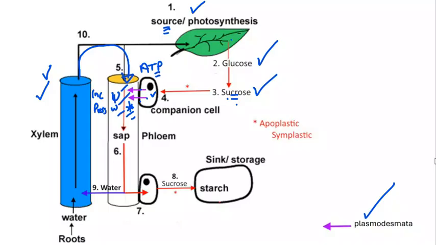And this is the pressure that pushes the sap forward by the process that we referred to previously as mass flow.